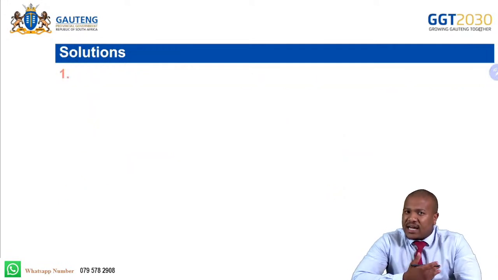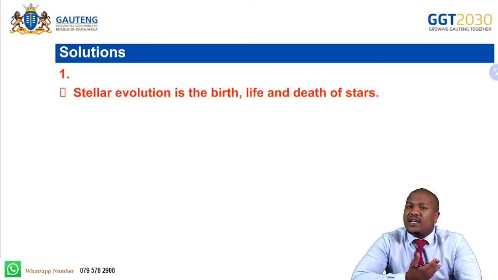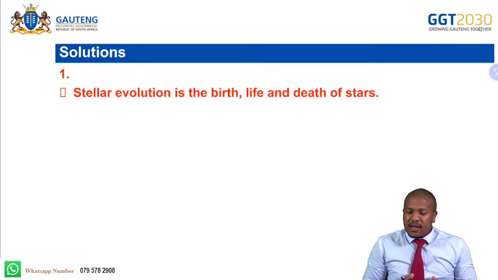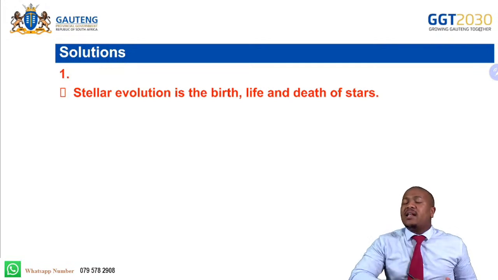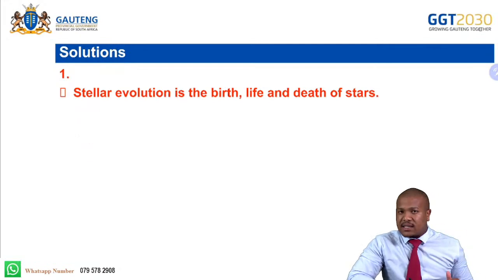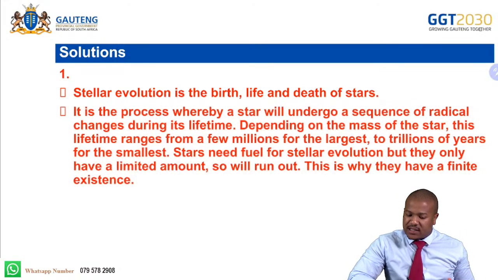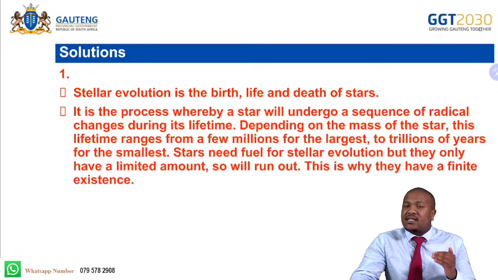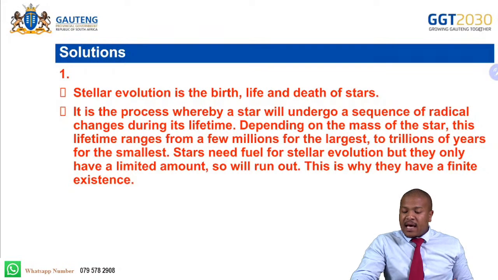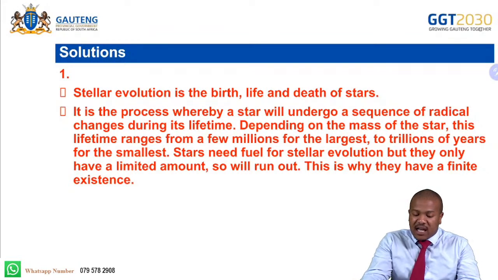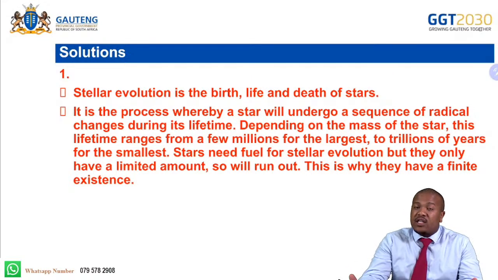For number one, explain what stellar evolution is. Stellar evolution is simply the birth, the life, and death of stars. It is simply the life cycle of stars. And why is it a finite process? It is the process whereby a star will undergo a sequence of radical changes during its lifetime, and depending on the mass of the star, this lifetime ranges from a few million years for the larger stars to trillions of years for the smallest stars.